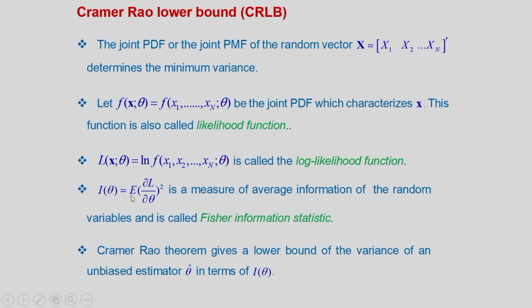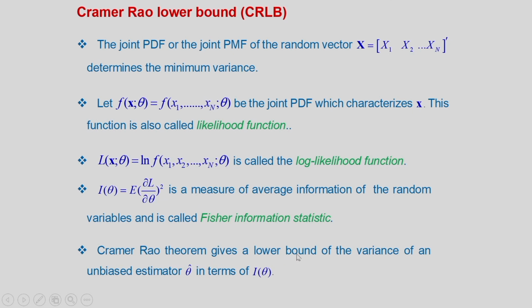I theta is the expected value of del L del theta whole square. So, we take the partial derivative of L with respect to theta and then take square. Then the average value of that quantity is a measure of average information, and it is called the Fisher information statistics. Like any information measure, it is also positive, and we can show that it is an increasing function.